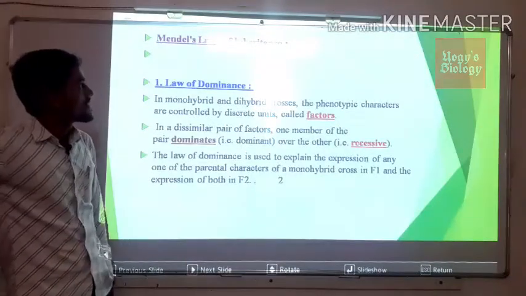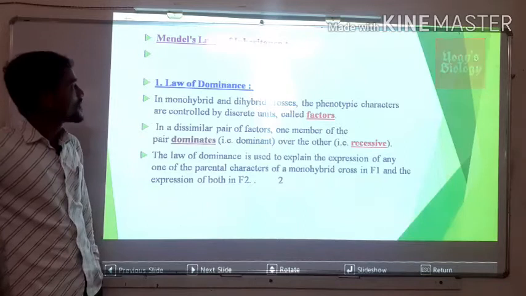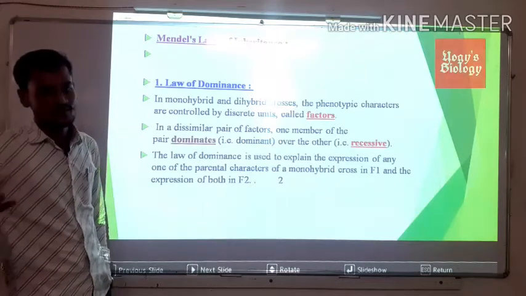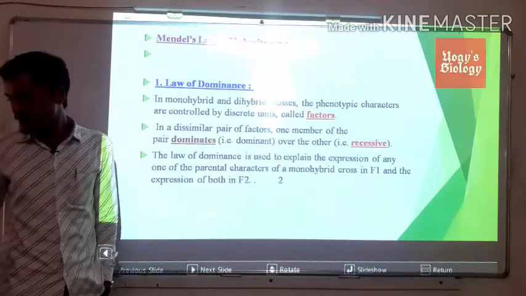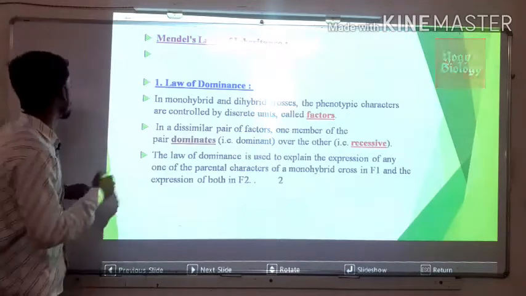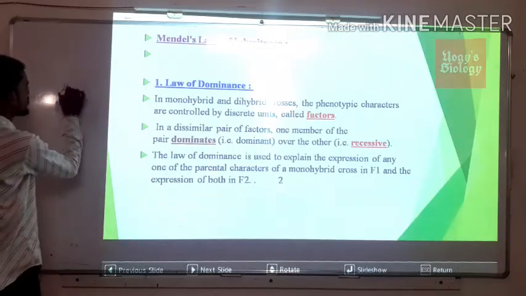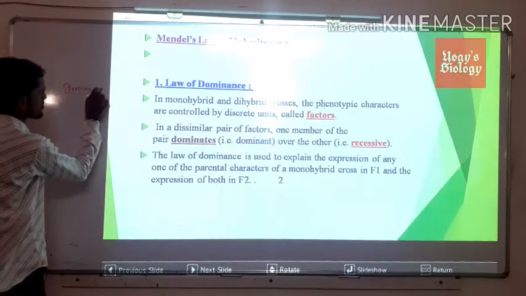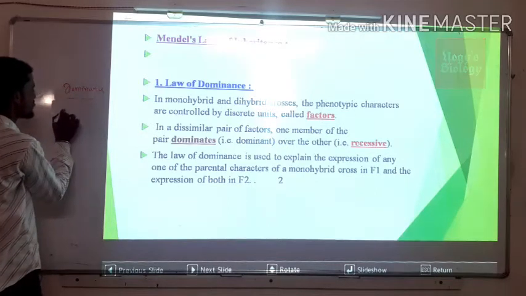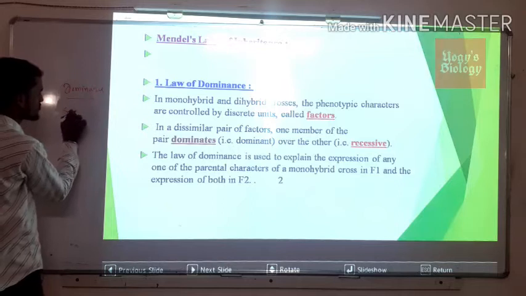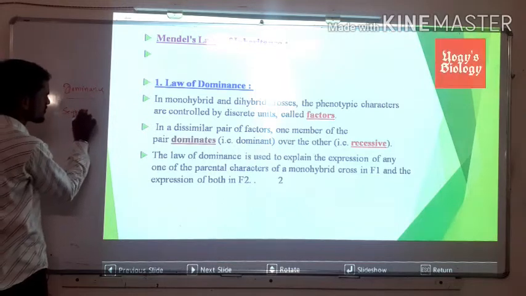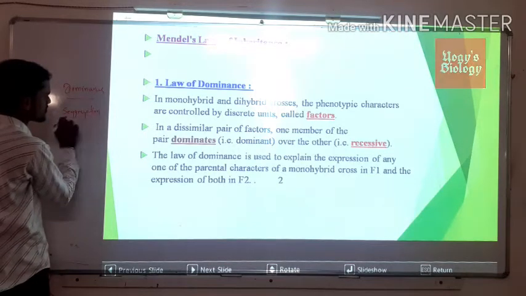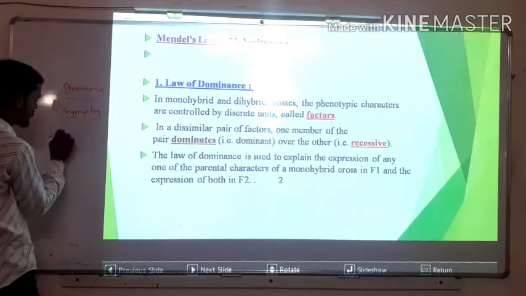First of all, Mendel's laws of inheritance. The first law is the law of dominance. There are three major laws described by Mendel. First is the law of dominance, second is the law of segregation, and third is the law of independent assortment.